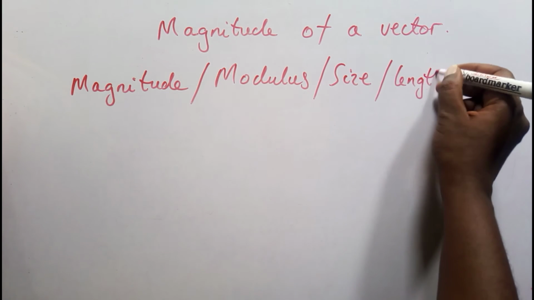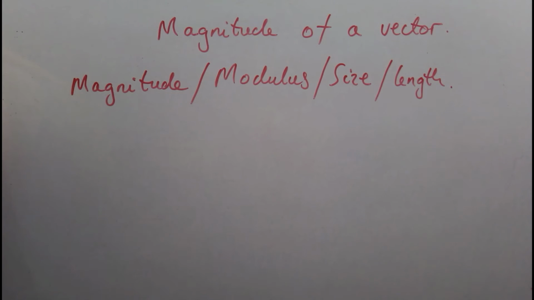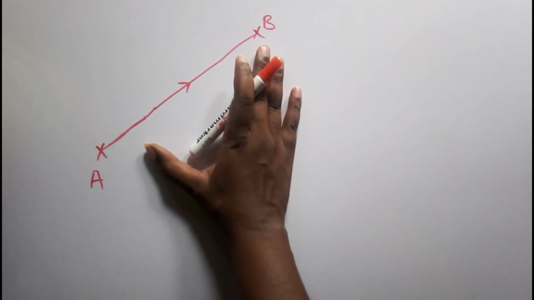So when you see a question that asks you to find the magnitude of a vector, it's the same as finding the modulus. It is the same as finding the size or the length.